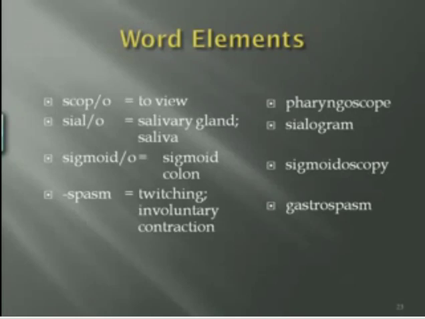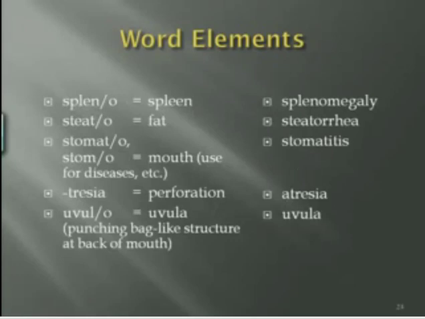Sigmoido, literally resembling S. Sigma is the Greek word for the letter S. So the sigmoid colon is S-shaped. Spasms, you know, are twitchings, involuntary contraction. And a gastrospasm, you know which structure is spasming there. Spleno, medical combining form, 1E, English word, 2E, so splenomegaly, enlargement of the spleen.